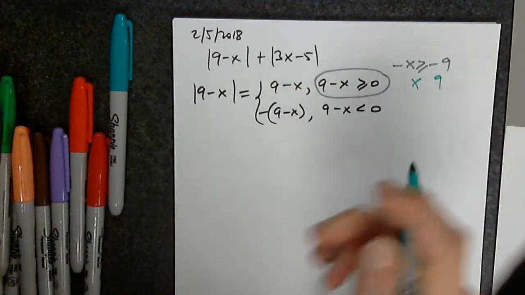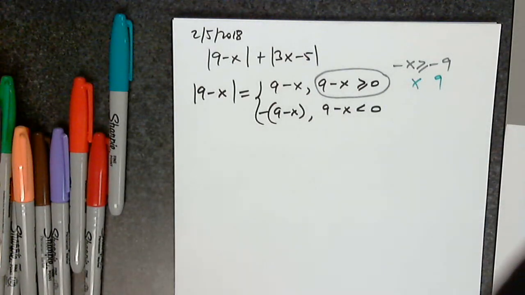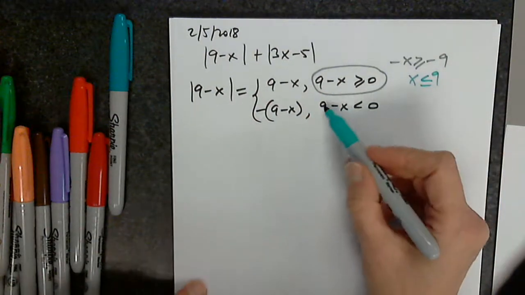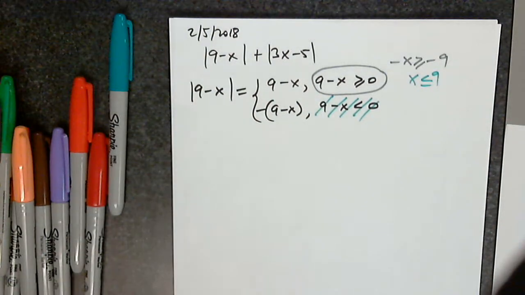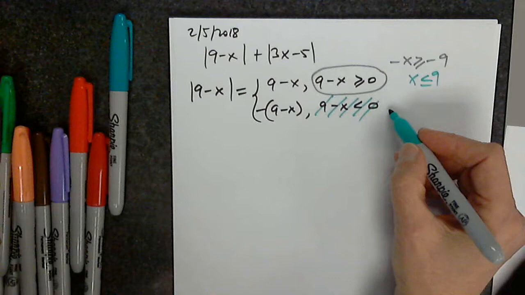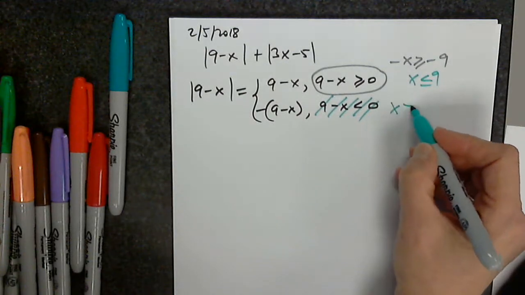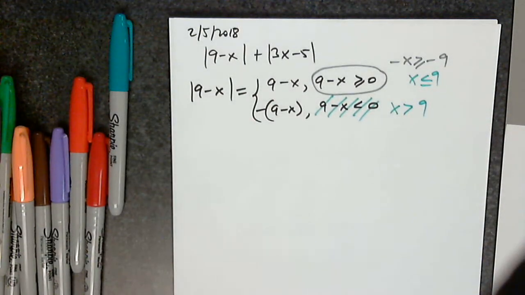So that makes x less than or equal to 9, but I have to remember something extremely important: the inequality sign flips. So if the first one is x less than or equal to 9, then the second one must be x greater than 9. That's it. There's no other way.